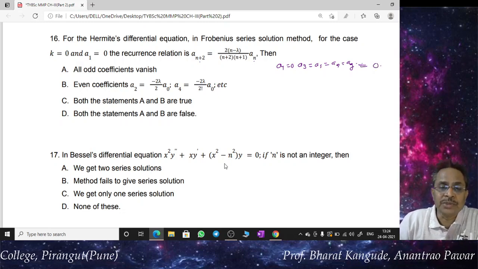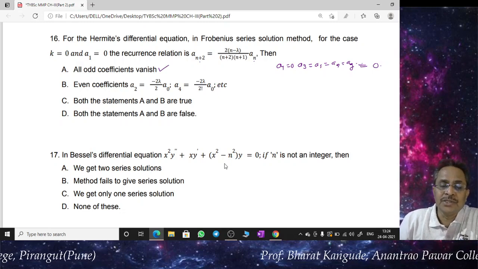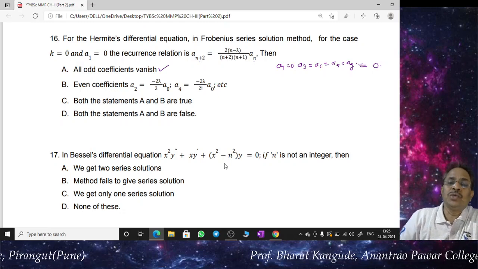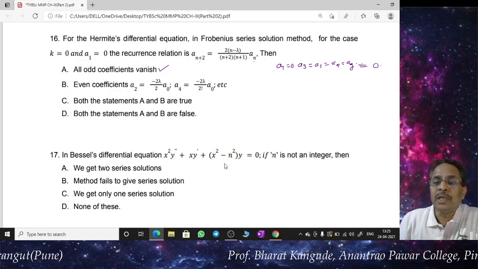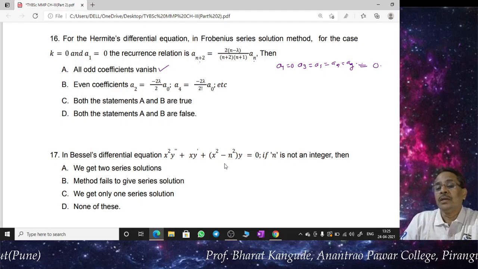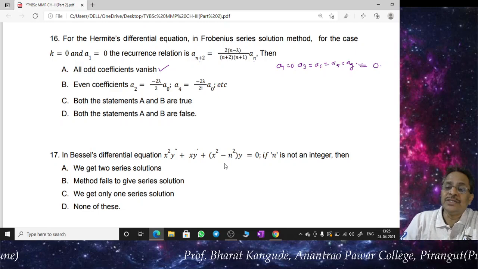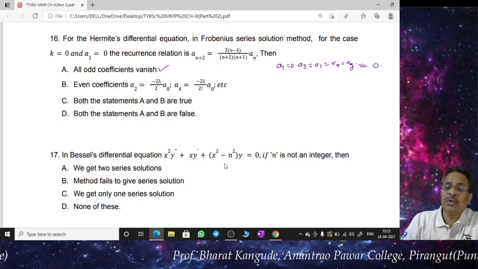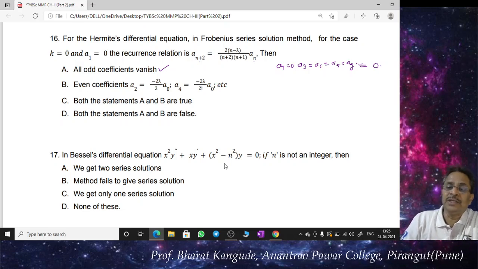That's why this option is also one correct option. That means in this case, k equal to 0 and a1 equal to 0, the recurrence relation a(n+2) equal to 2(n minus lambda) upon (n+2)(n+1), into a_n, gives all odd coefficients as 0: a1 is 0, a3 will be 0, a5 is 0. So all odd coefficients directly vanish in this case.